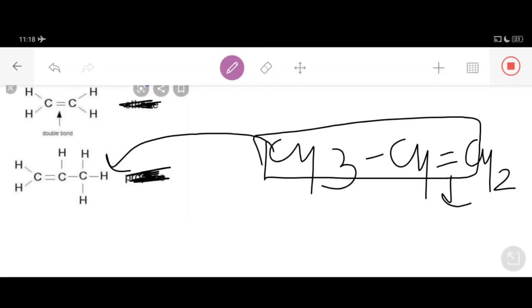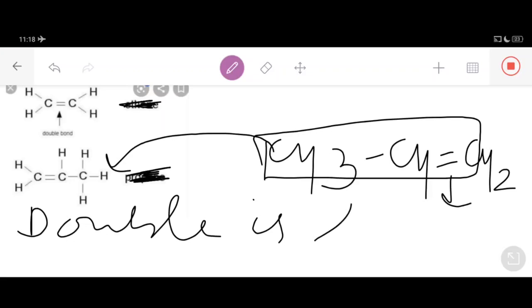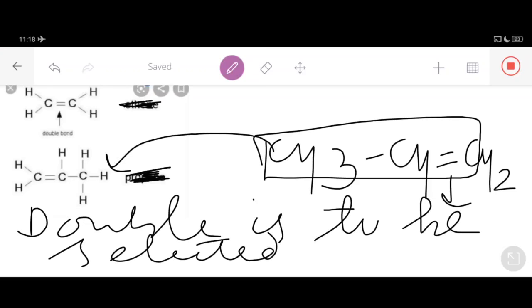That means we are supposed to give preference to the double bond. The rule will change here. In IUPAC nomenclature for branched chain saturated hydrocarbons, we number the carbon chain either from left to right or from right to left.